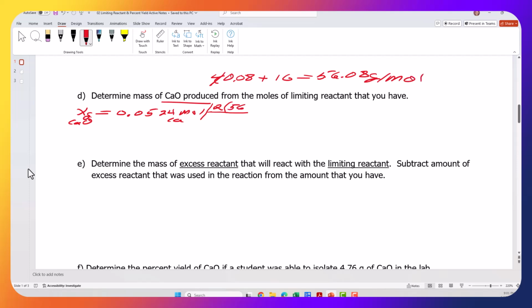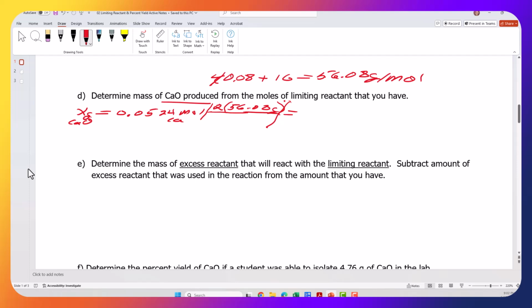Plug that right here: grams per mole. And that's just the molar mass. So this is the coefficient of calcium oxide, and this is the molar mass of calcium oxide. So 0.0524 times 2 times 56.08.